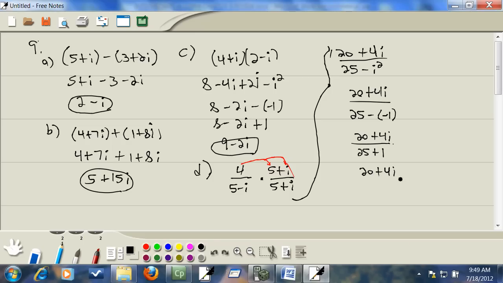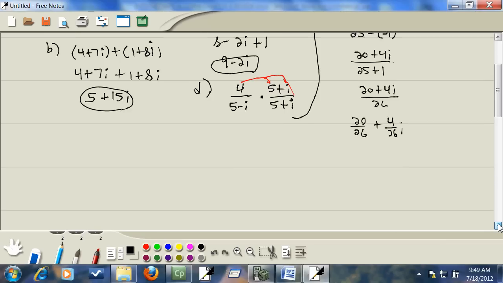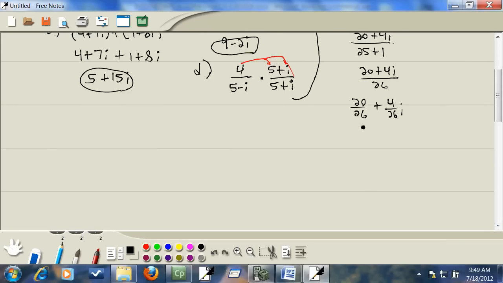So 20 plus 4i over 26. Split it up into real parts separate from the imaginary. So 20 over 26 plus 4 over 26i. Top and bottom both divisible by 2 at least. So we'll get 10 thirteenths plus 2 thirteenths i. And that's our answer.